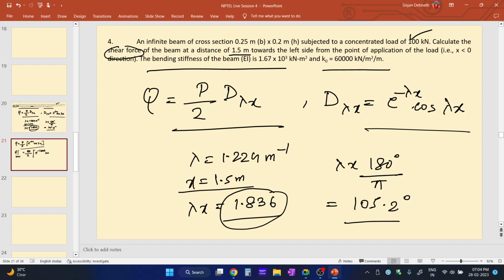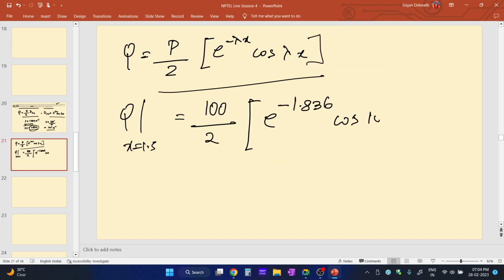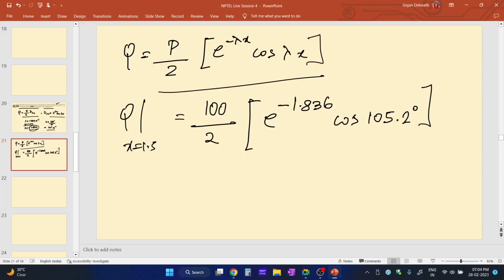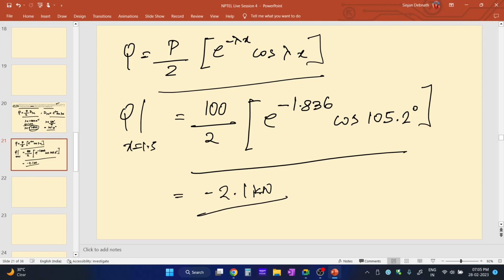This 105.2 degrees. Cos 105.2 degrees. If you solve this equation, you will get the shear force value, minus 2.1 kilonewton. This is the direction of the shear force. So minus 2.1 kilonewton.